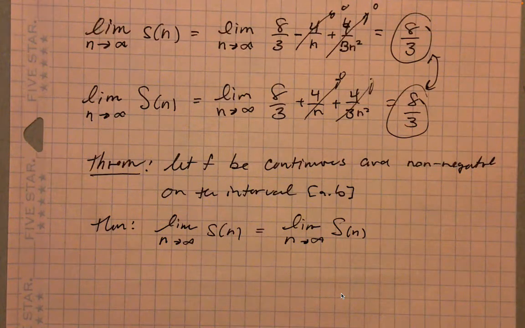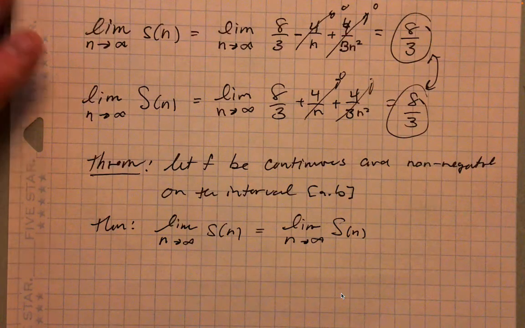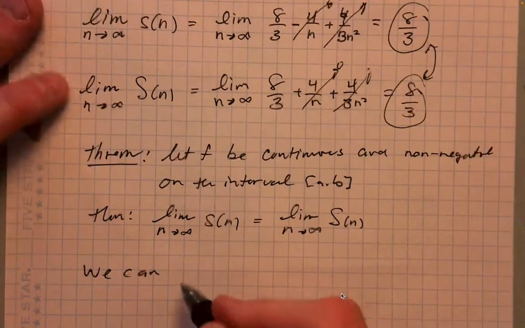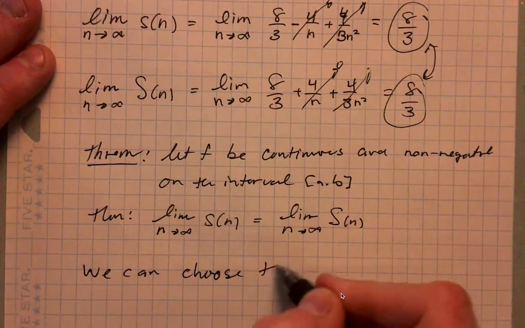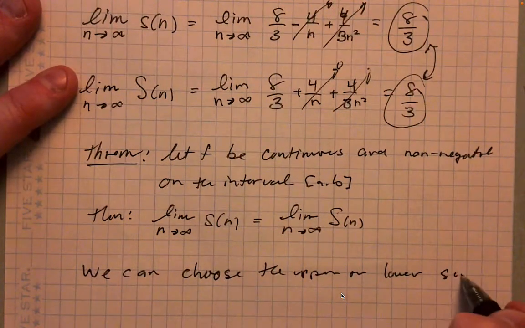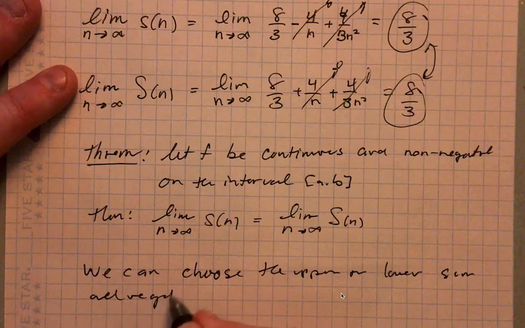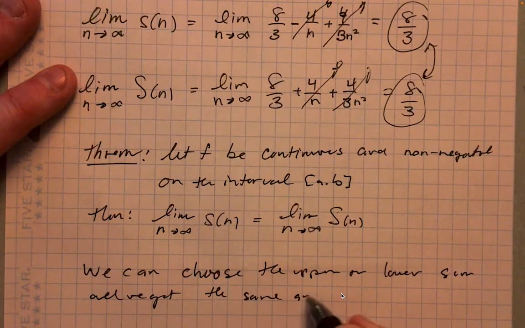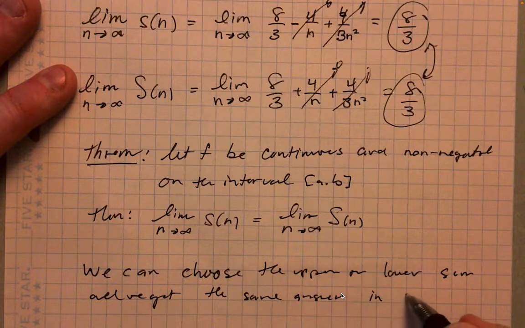Okay, so because the lower and upper sums are the same as n goes to infinity, to find the area, we're free to choose either endpoint, or, as it turns out, an arbitrary value within each interval will work just as well. So basically, we can choose the upper or lower sum, and we get the same answer in the limit.